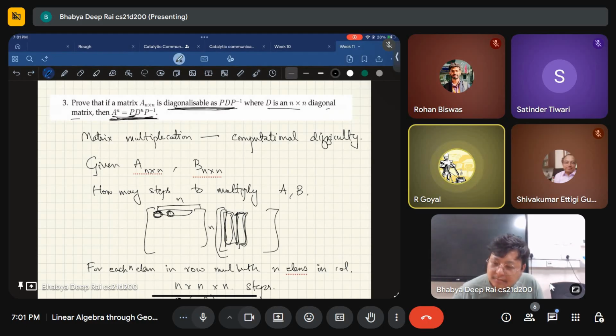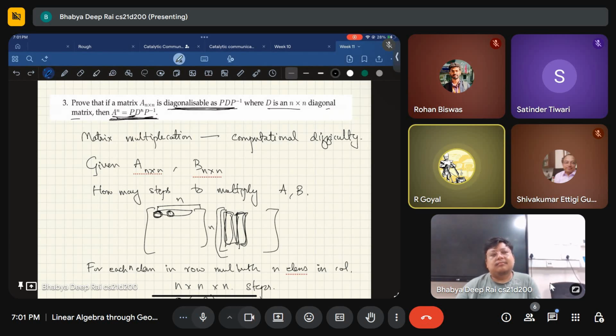Most of the information of the original matrix A is contained in the matrix P and its inverse. And since from the matrix P we can derive its inverse if it is invertible, most of the information of the matrix A is now contained in the matrix P.